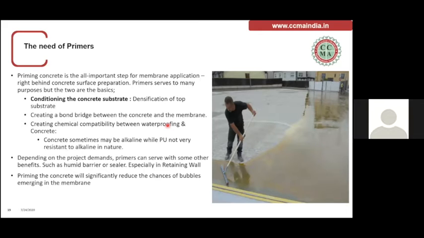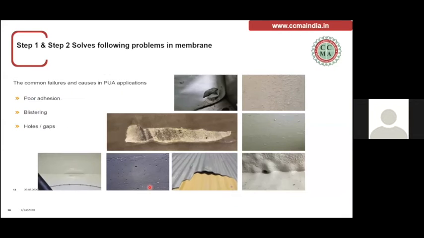Then, depending on the project demands, primer can serve other benefits like a humidity barrier, especially in retaining wall applications. And primer in the concrete significantly removes the bubbles, because it is acting as a sealer. So if you are doing proper mechanical grinding or proper surface preparation tools plus primer, then the three problems of waterproofing systems can be resolved.